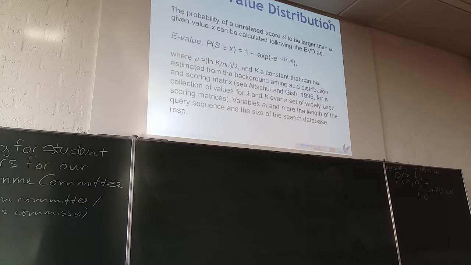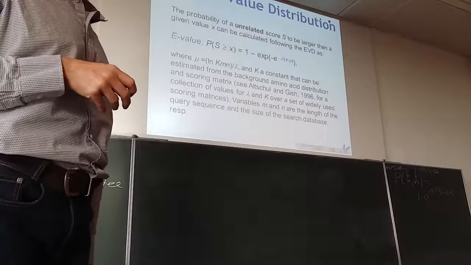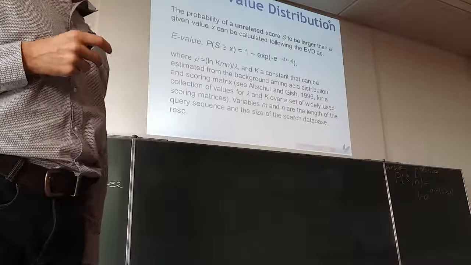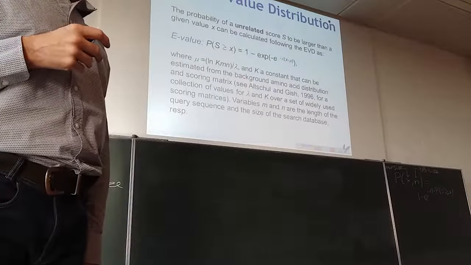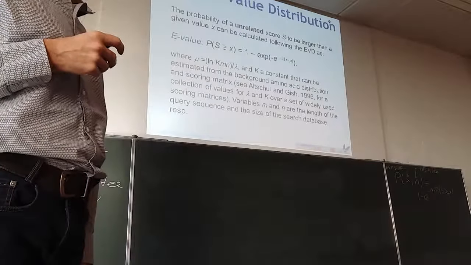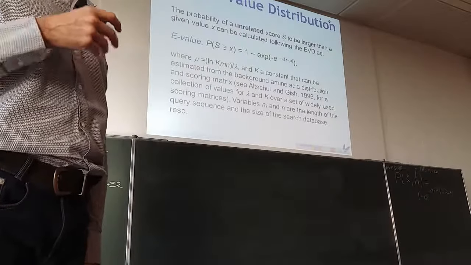Why would it depend on the length of your query? Because a shorter query has a higher probability of finding a hit. Possibly, but can you elaborate? Like if we search for a hit for a query like AC, for example. Yes, a very short query.